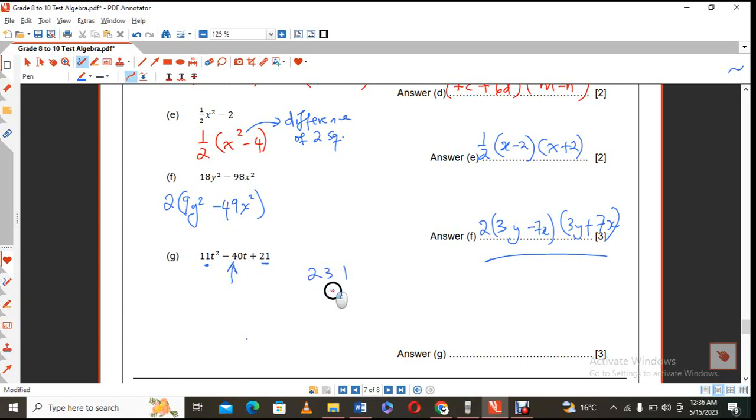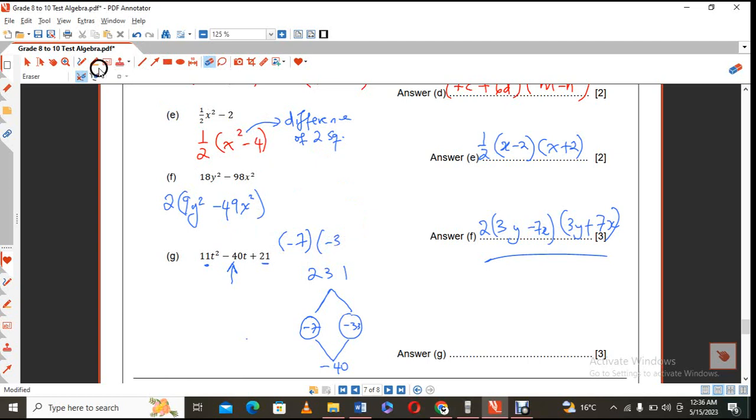Those numbers are both negative in any case. They are negative 7 and negative 33. If you add, you get negative 40. If you multiply those two, you get positive 231. So the numbers I want are negative 7 and negative 33.